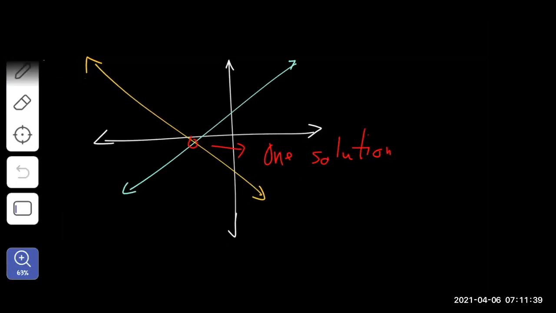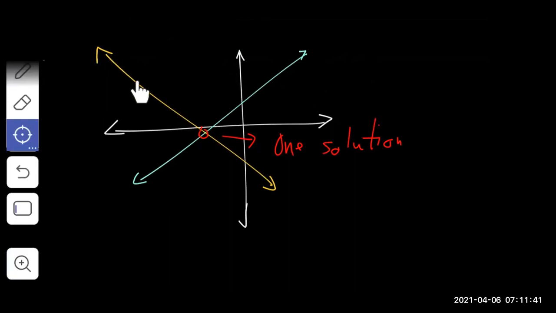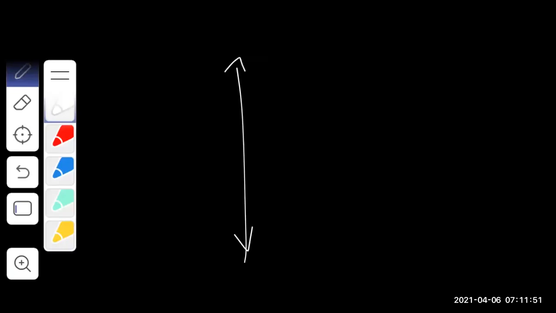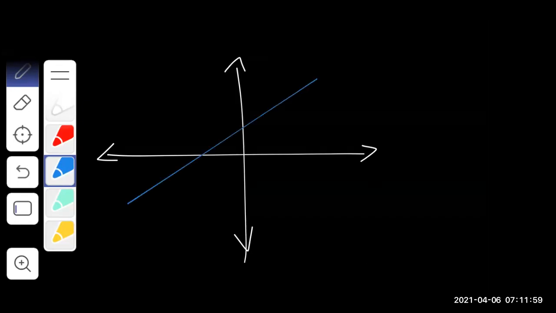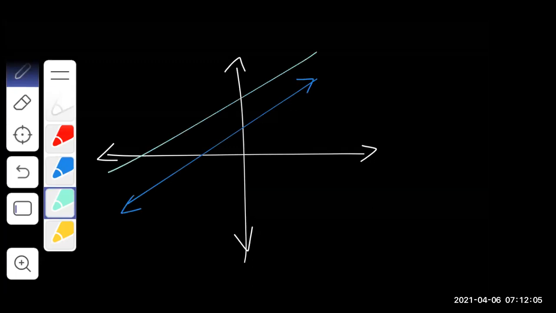What if we have another one? I repeat, this is one solution when they intersect at exactly one point. We can have another case. Let me draw this graphically. You have this equation, and then you have another equation with the same slope.